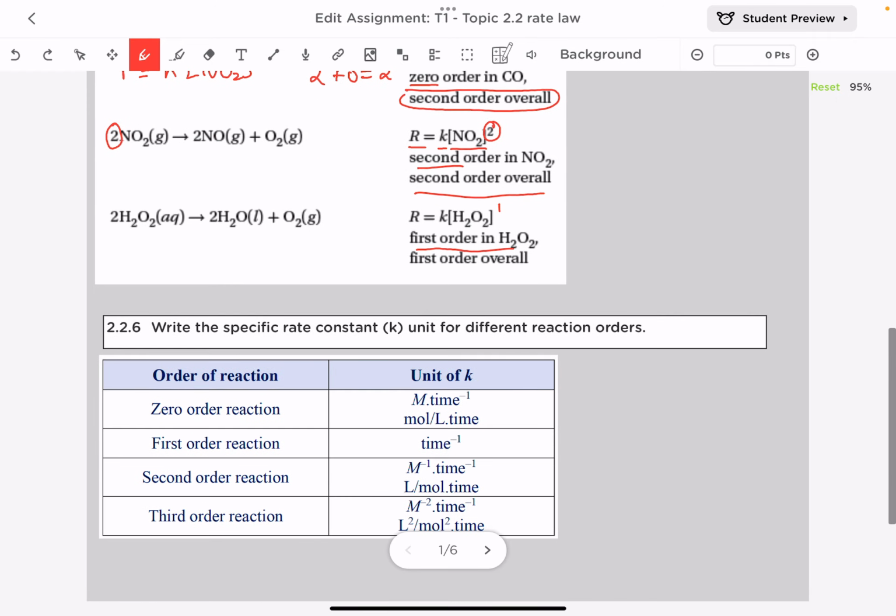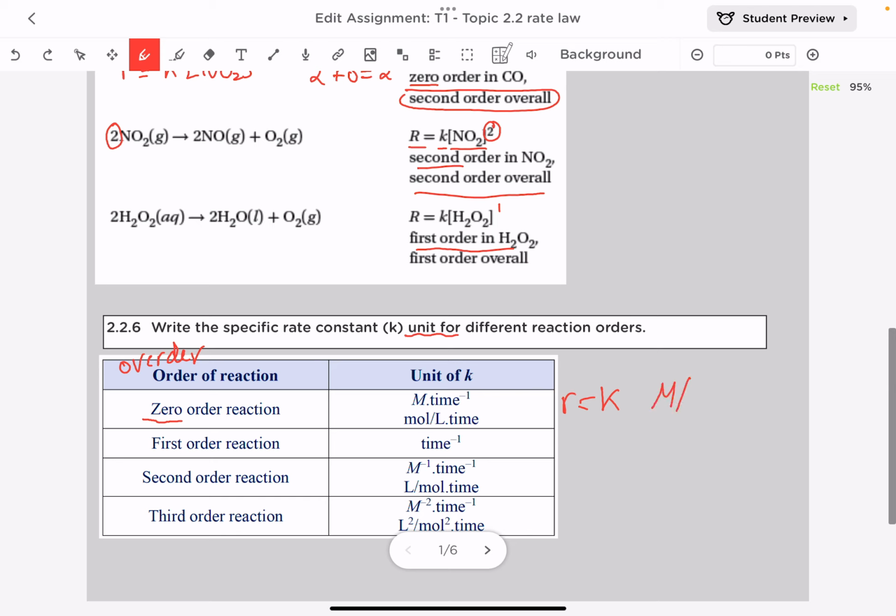Now, how do we predict the unit of the rate constant in the formula of the rate law? We need to look at the overall order of the reaction. So if the reaction is zero overall order, which means R equals K, K here will take the unit of R, which is molarity per time.